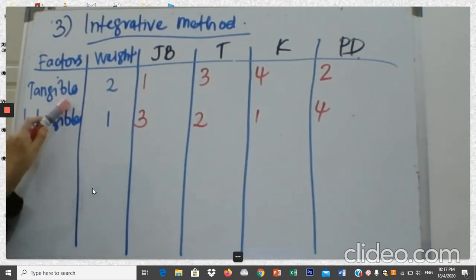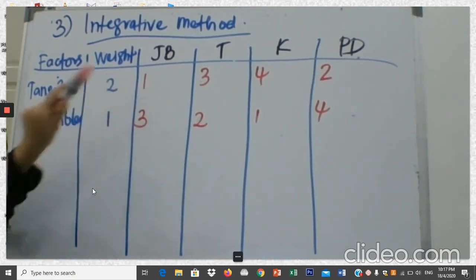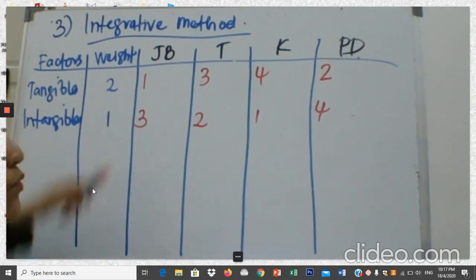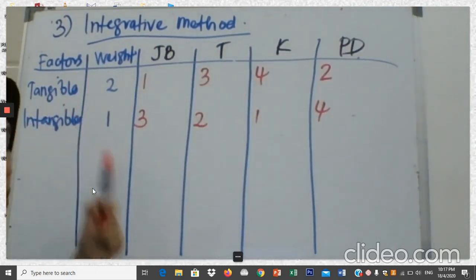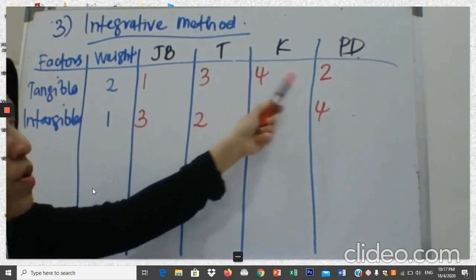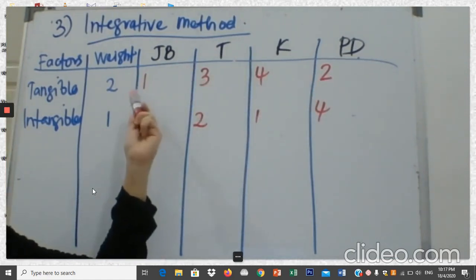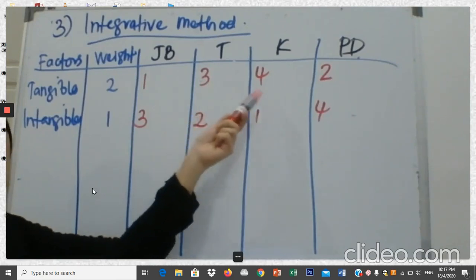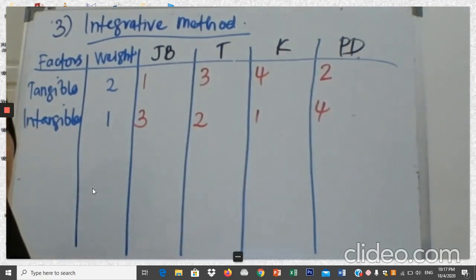Merit for tangible factors, the one that we calculated for the first question just now, you just copy that merit and paste over here. The merit that we assigned for JB, TAPA, Klang, and PD for the tangible factors just now was 1, 3, 4, and 2. So you just copy and paste. Ambil daripada merit tangible factor tadi, 1, 3, 4, 2, according to these locations.